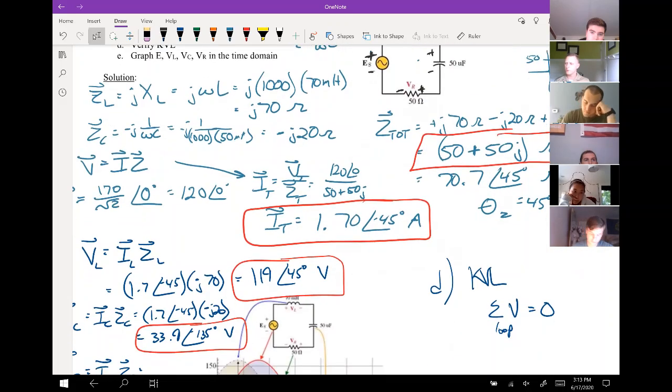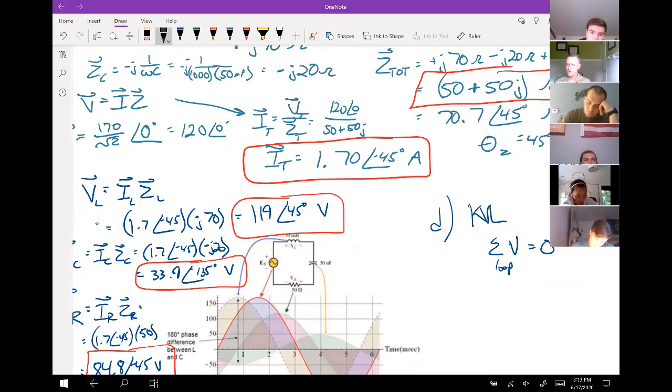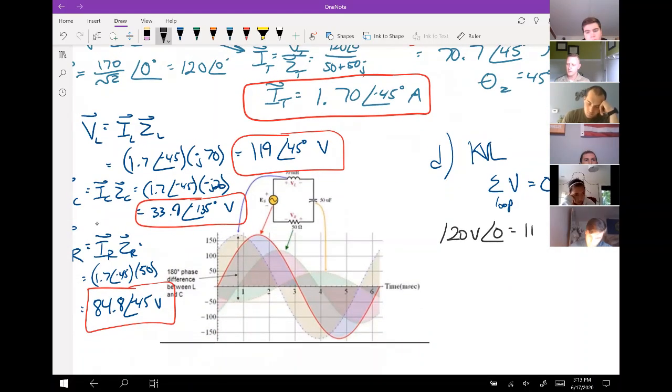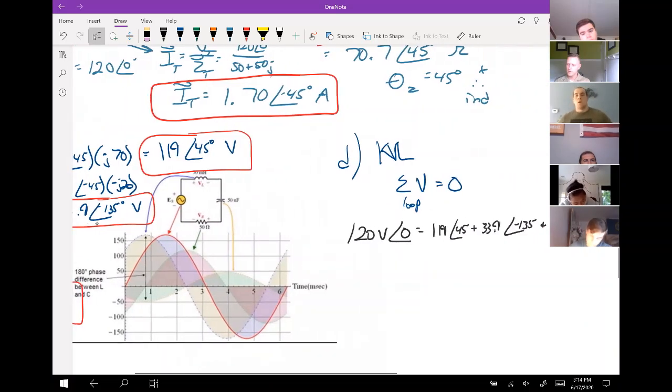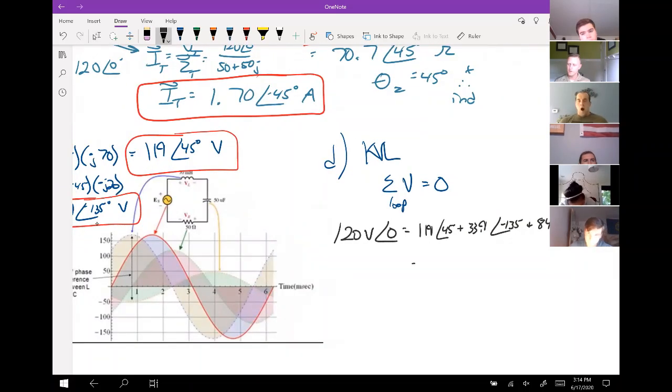But if we just say the sum of the loop, so what this means is that all 3 of these, 120 volts, angle 0, that's what was providing as the source, and all 3 of those together now, 119 angle 45 plus 33.9 angle negative 135 plus 84.8 angle negative 45. And when I sum all of those together, I get 120 volts angle 0. So we verified KVL.